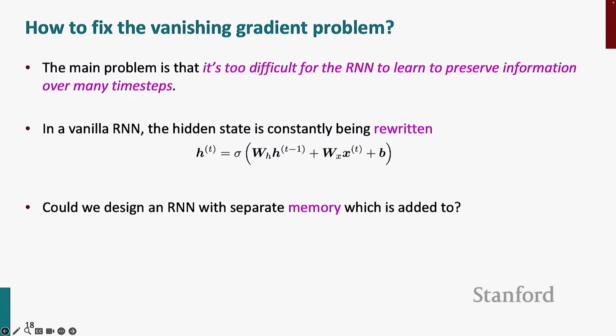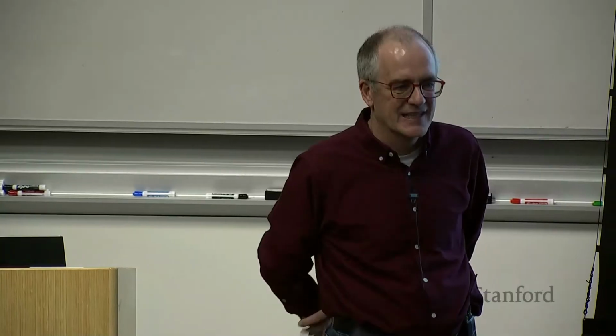Yes? In one of the earlier slides, you mentioned the exponentiation happened. During their analysis, they removed the nonlinearity. Yeah. So if we're having a nonlinearity and doing the differentiation, does that prevent vanishing or exploding? No, it actually doesn't.